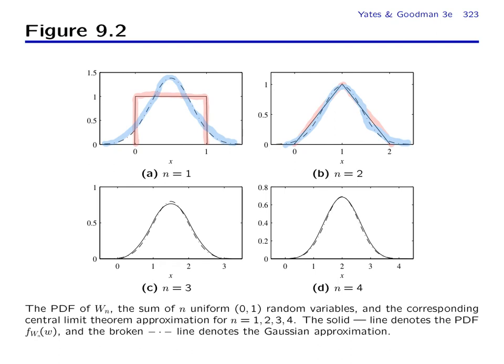Now with three 0, 1 uniform random variables, the solid line is the PDF of the sum of three uniforms, and the dashed line, which you have to look to find, is the Gaussian of the same mean and variance. The approximation is quite good at 3. It's even better at 4.